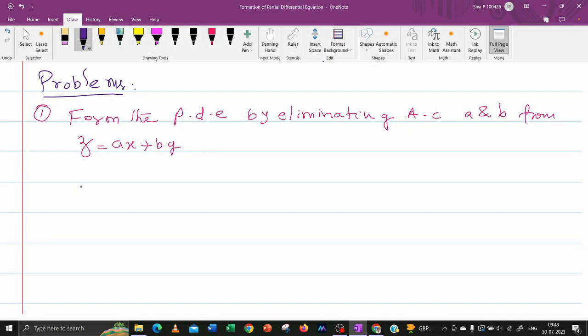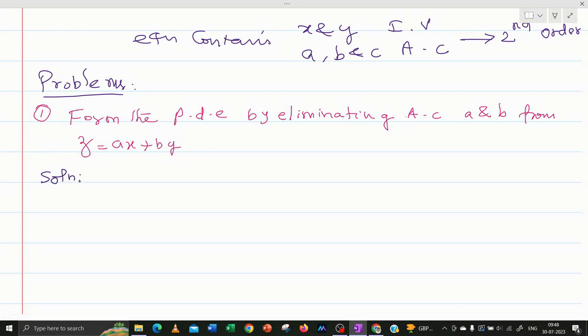For any problem to form the PDE by eliminating the arbitrary constants, first you have to differentiate with respect to x and y. So what is the given equation here? The given equation is z equal to ax plus by.